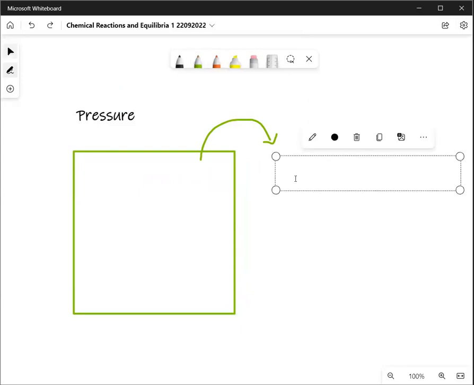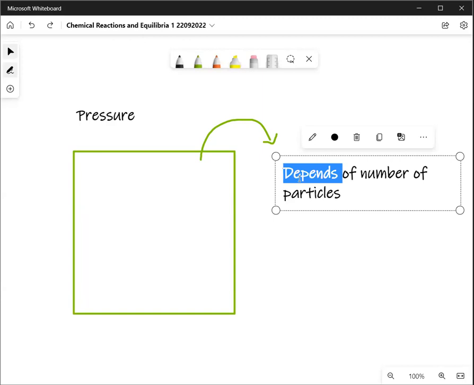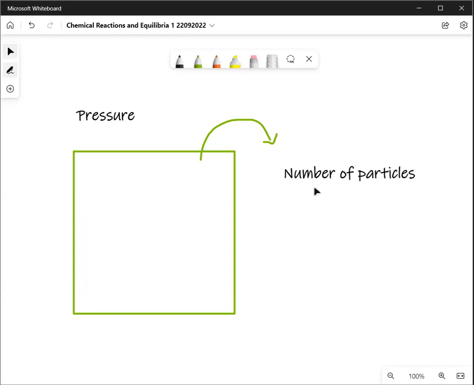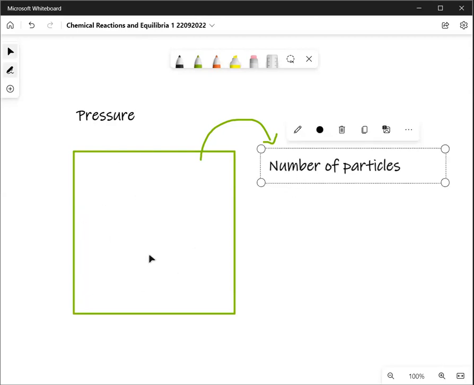Force divided by area. And in chemistry, we can say it in different words as well. What we can say is that it depends on the number of particles. Is that clear? What is pressure? How many particles you have?